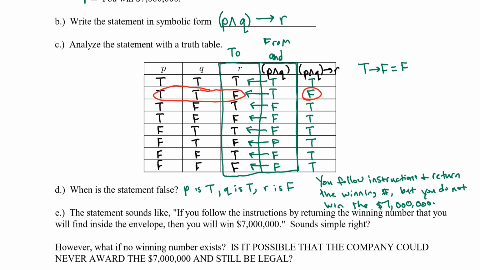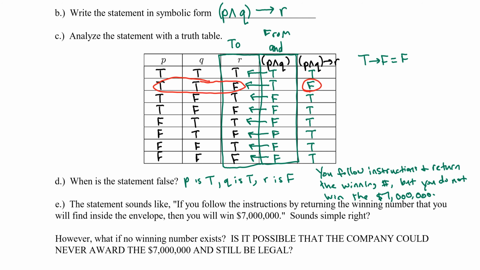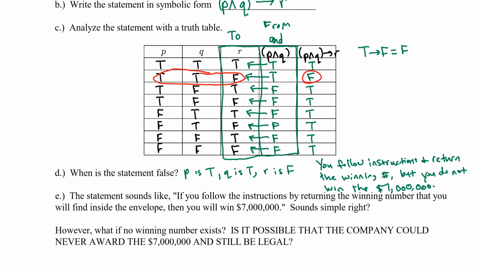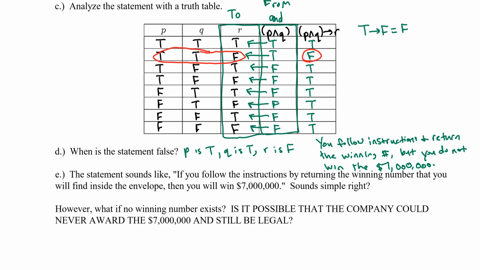The number that you received in the envelope is more than likely not the winning number. The statement sounds like, if you follow the instructions by returning the winning number that you will find inside the envelope, then you win $7 million. It sounds very simple. However, what if no winning number exists?